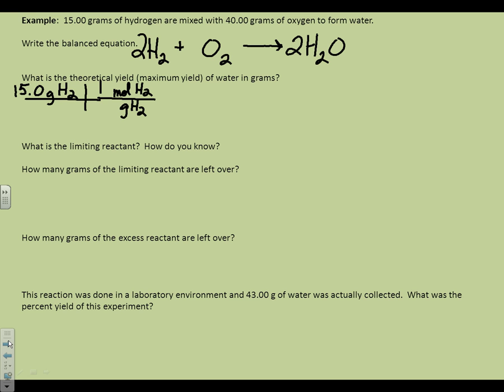So 1 mole of hydrogen is 2 atoms, and that'd be 2.02. And then we can go from moles of hydrogen to moles of water. Our mole ratio, mole bridge. And that's 2 to 2, or 1 to 1 relationship. We'll go ahead and write it 2 to 2. And lastly, we want to get grams of water, right? Right.